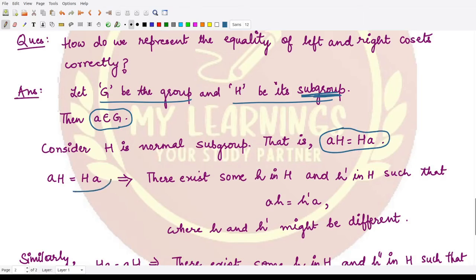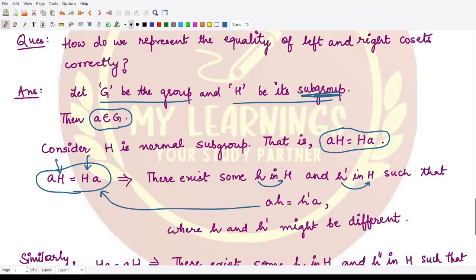This would be true if we have some element here, let's call it small h, and some element here, let's call it h dash, such that this definition holds.